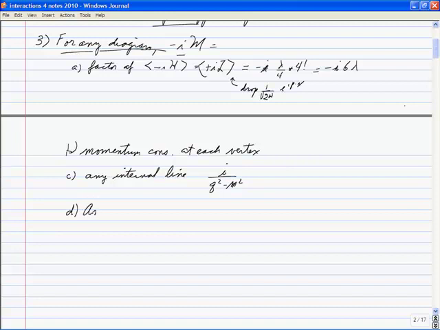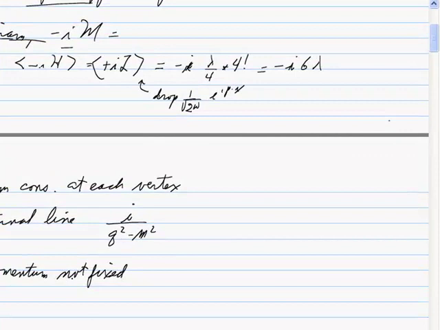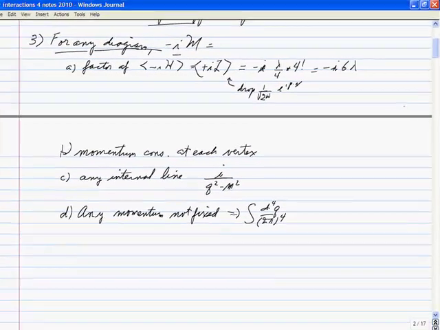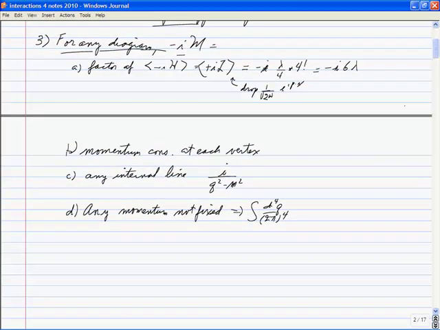If any momentum is not fixed by momentum conservation, then you integrate over it. You then have d4q over 2 pi to the 4th. This is going to be the momentum that flows in loops. We'll see that it's not fixed. So this is also part of today's lesson.